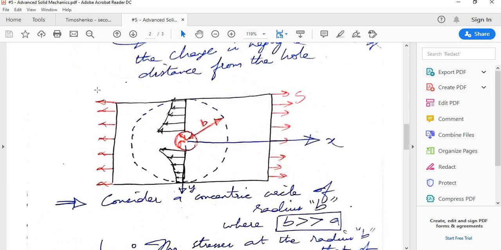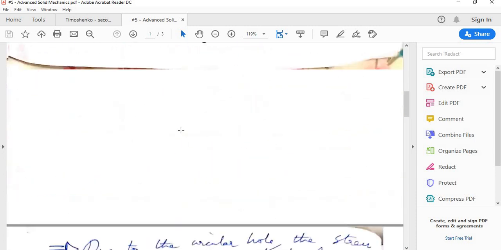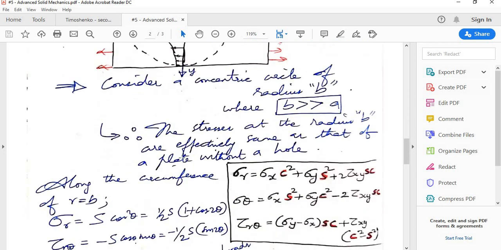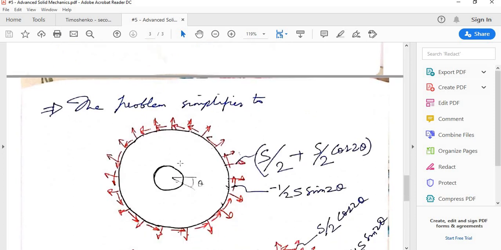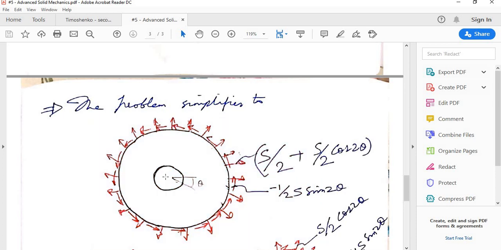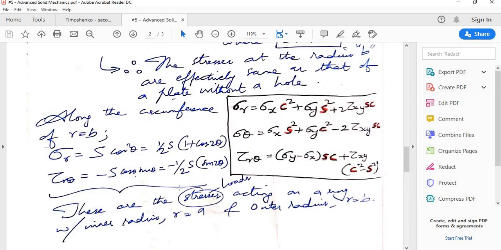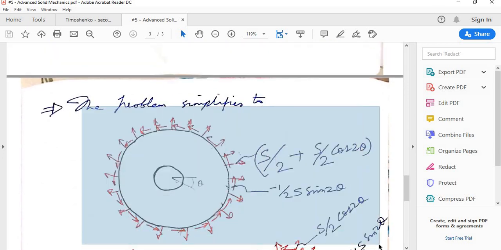So in effect, this problem is equivalent to analyzing a circular plate with a small circular hole, subjected to stresses at its boundary: sigma r equal to half s into 1 plus cos 2 theta and tau r theta equal to minus half s sin 2 theta.